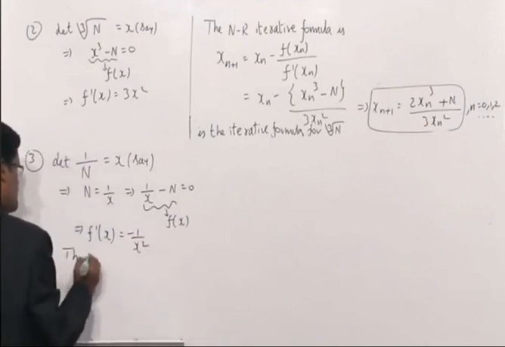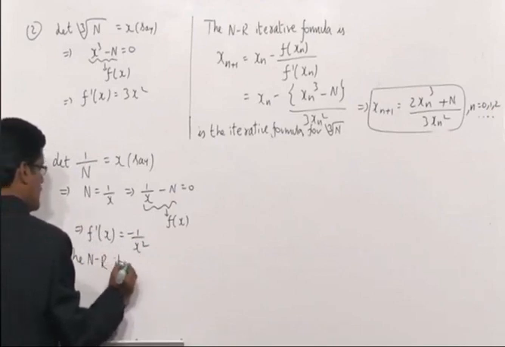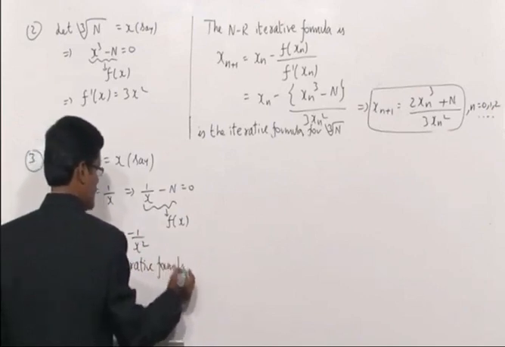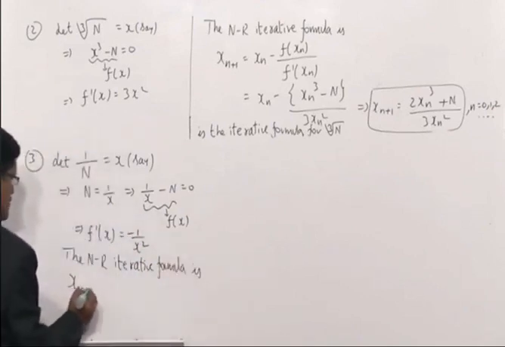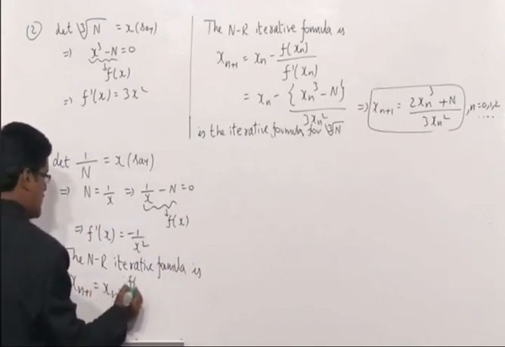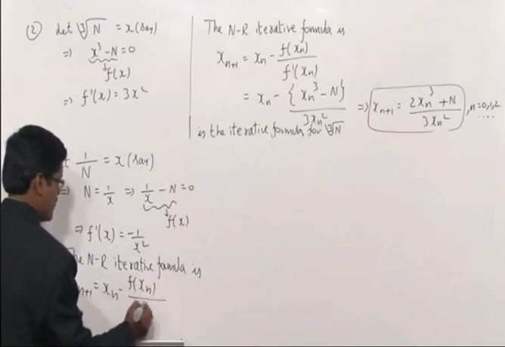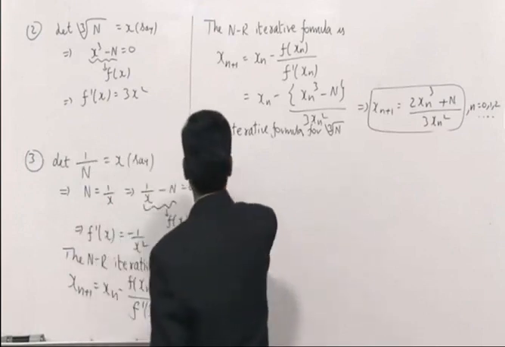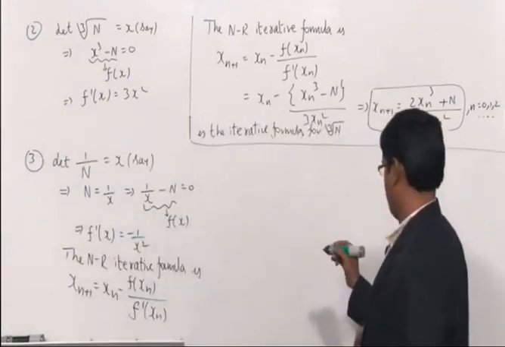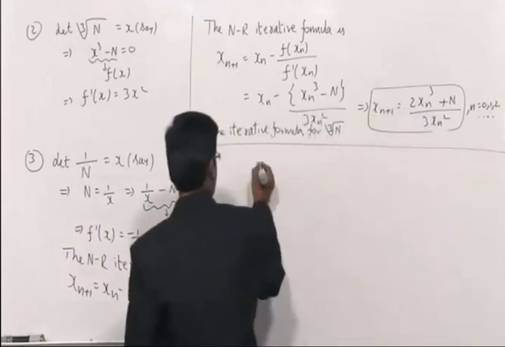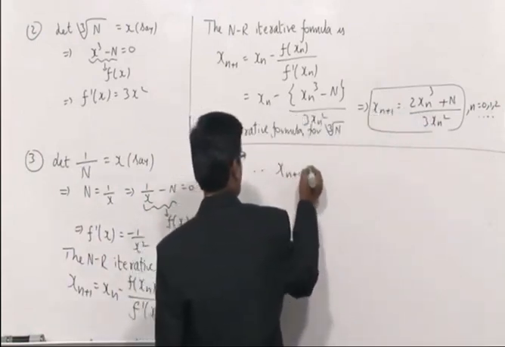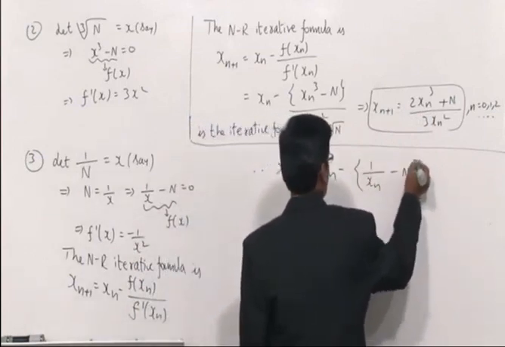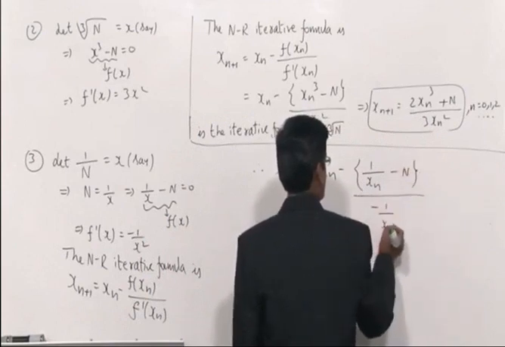Next, the NR iterative formula. N is a constant, its derivative alone is 0. Xn plus 1 is equal to xn minus f(xn) divided by f dash (xn). Substitute f(x), f dash (x) here. So therefore xn plus 1 is equal to xn minus (1 by xn minus n) divided by (minus 1 by xn square).